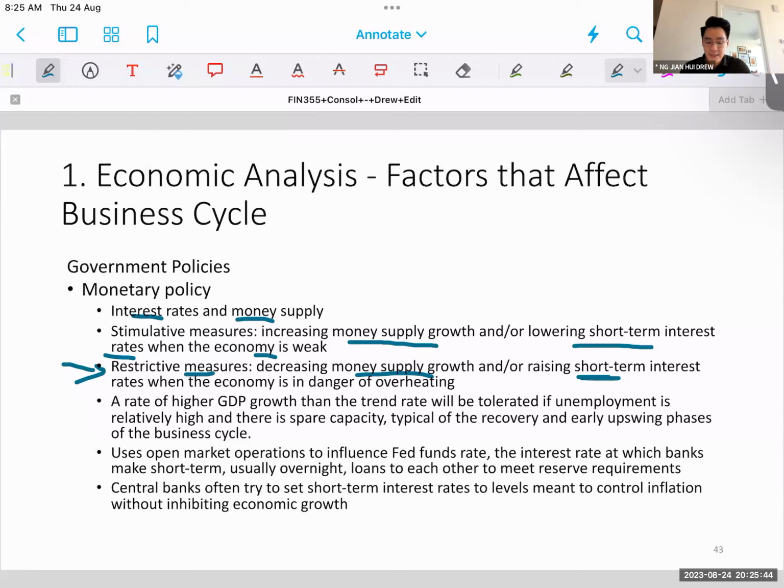And at the same time, when short-term interest rate increases, there is an effect on bonds. So what happens to a bond price when short-term interest rate increases? It falls, correct. Yeah. So I would say many banks actually hold on to government bonds or treasury bills.